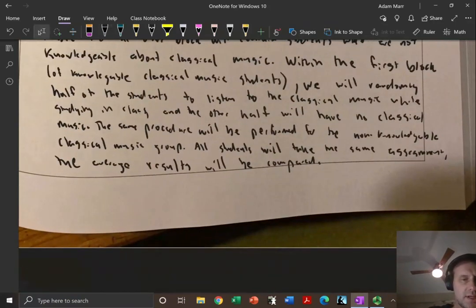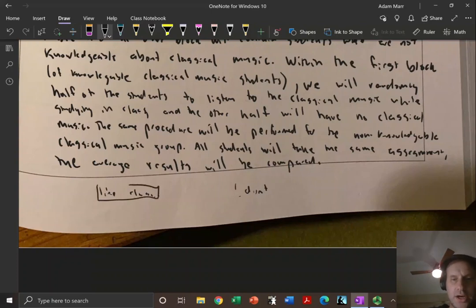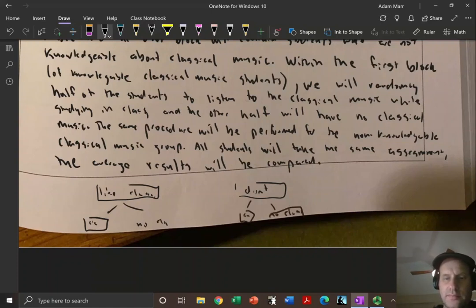Basically what we have is the people that like classical and the people that don't like classical. This is one block, this is the other block. We randomly assign the treatment right here. We have classical music here, we have no classical here. And then again, classical here, and no classical here. They're all going to be given the same assessment where we're going to compare them within each block.